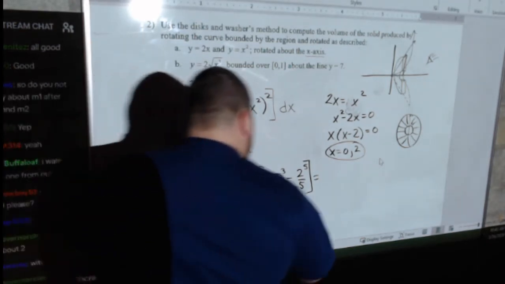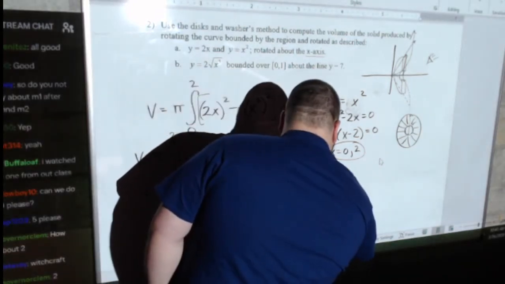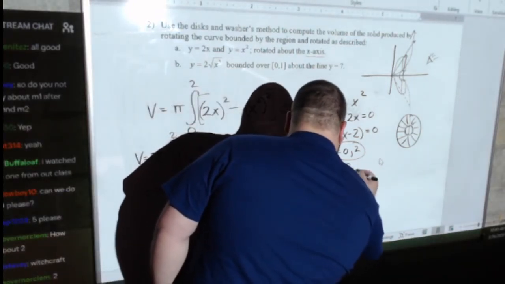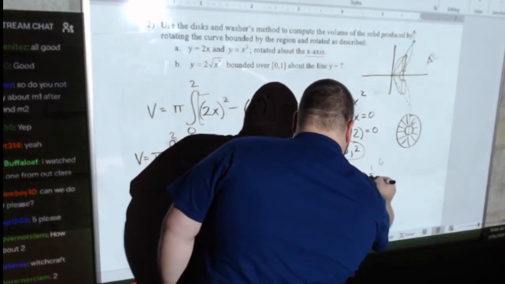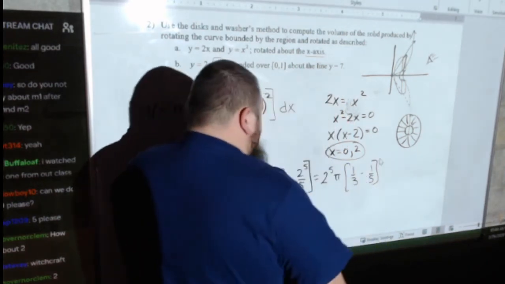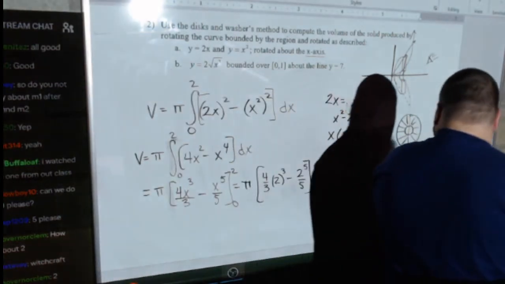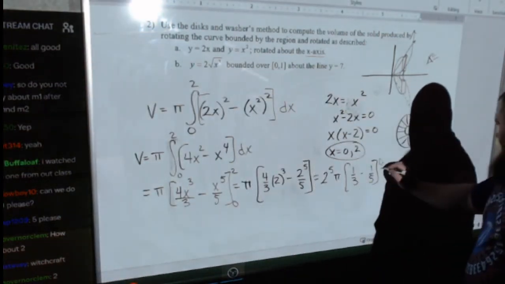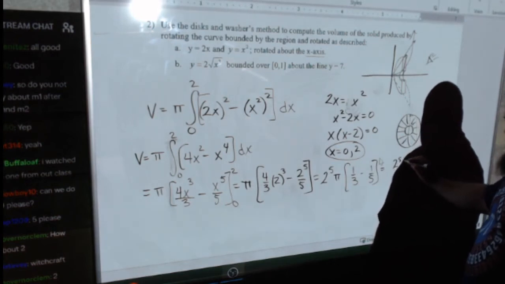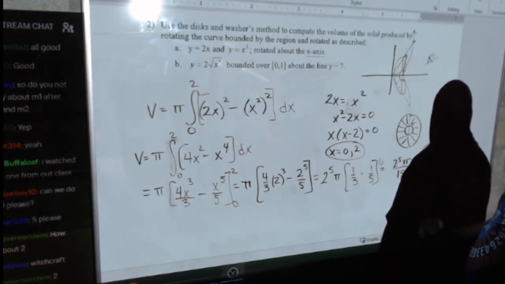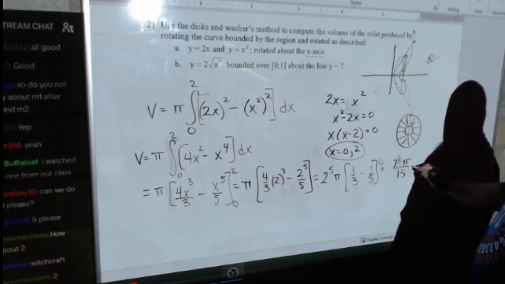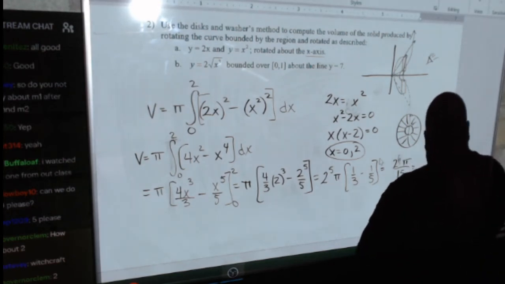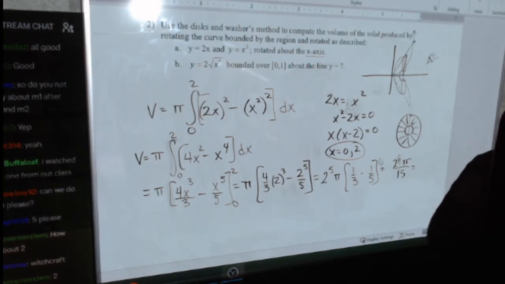So this looks like 2 to the 5th pi times 1/3 minus 1/5, or 2/15 in there. So 2 to the 5th pi over, I said 2/15, so that's 2 to the 6th now. And so, just make sure I'm not losing it.